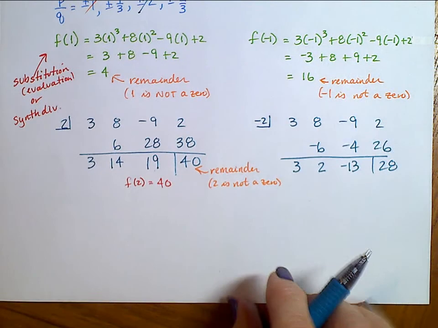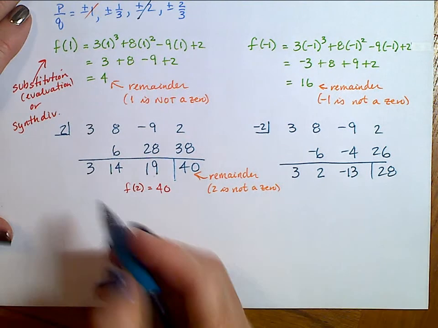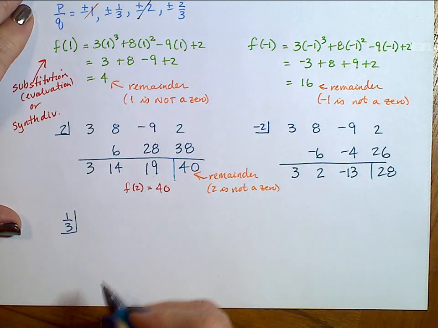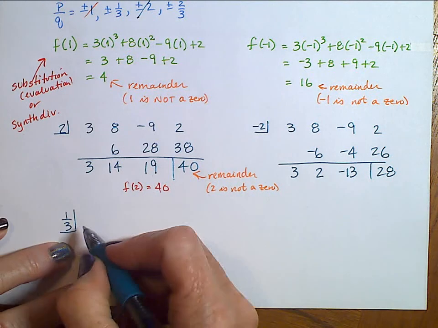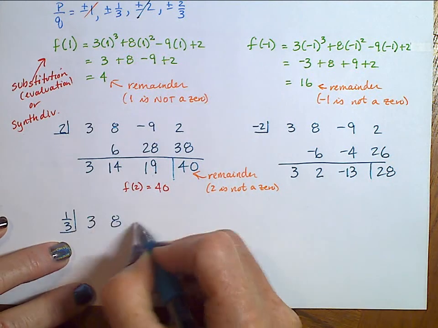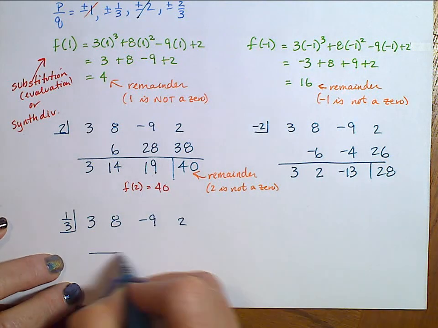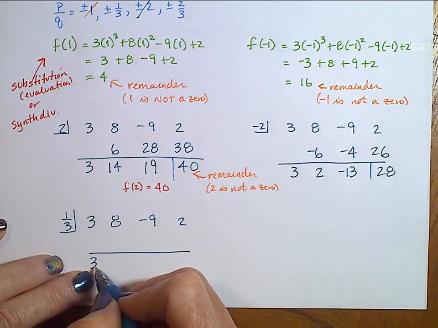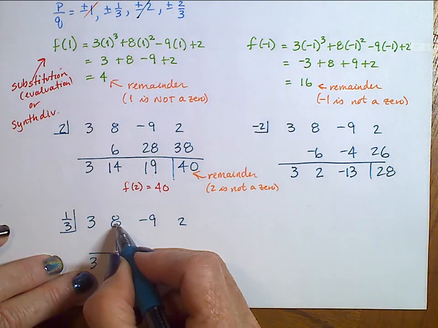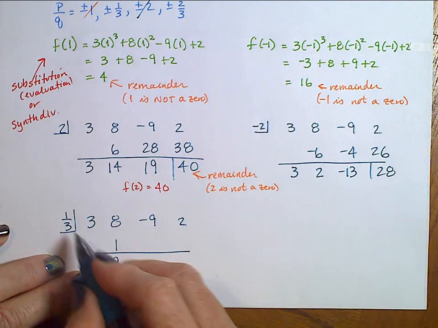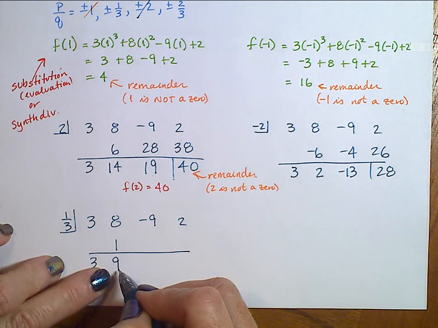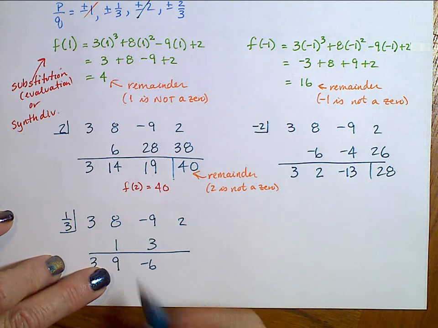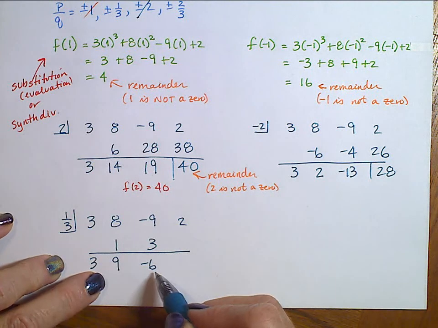Well, that means we need to try the fractions. Oh boy. All right, let's try the +1/3. Plugging that in, 3, 8, -9, 2. Bring down the 3. 1/3 times 3 is 1. 8 plus 1 is 9. 1/3 of 9 is 3. Add these, that's -6. 1/3 times -6 is -2.